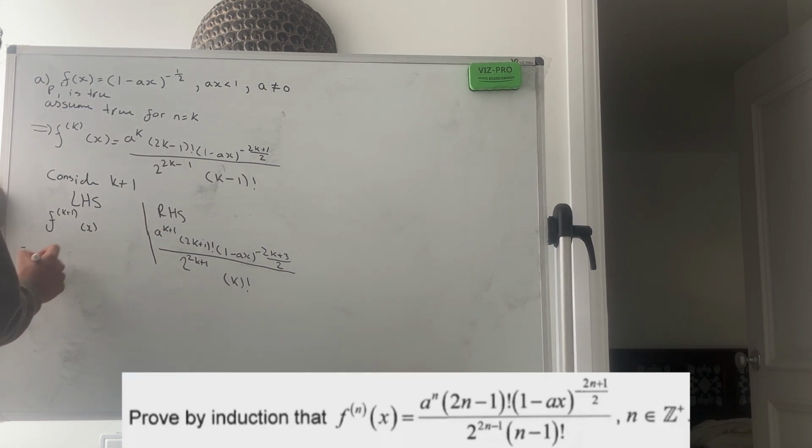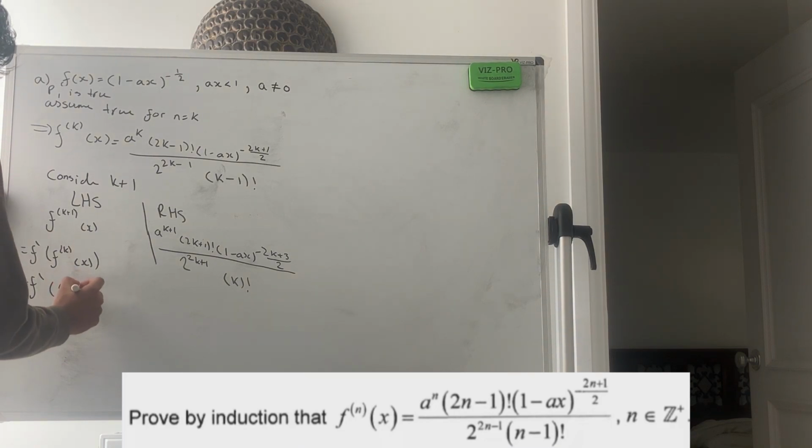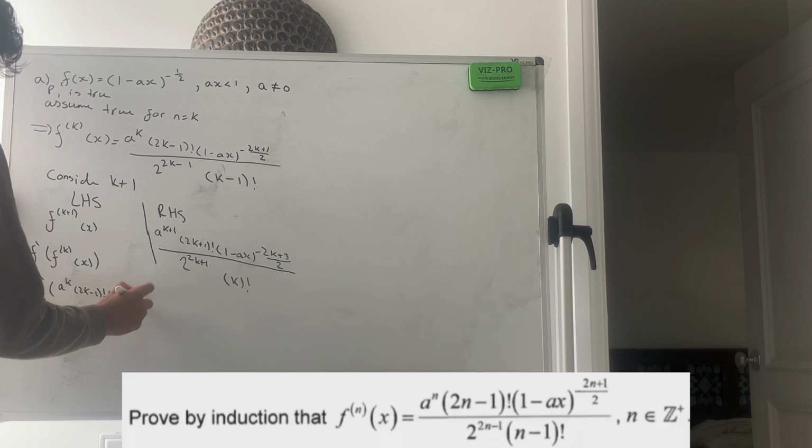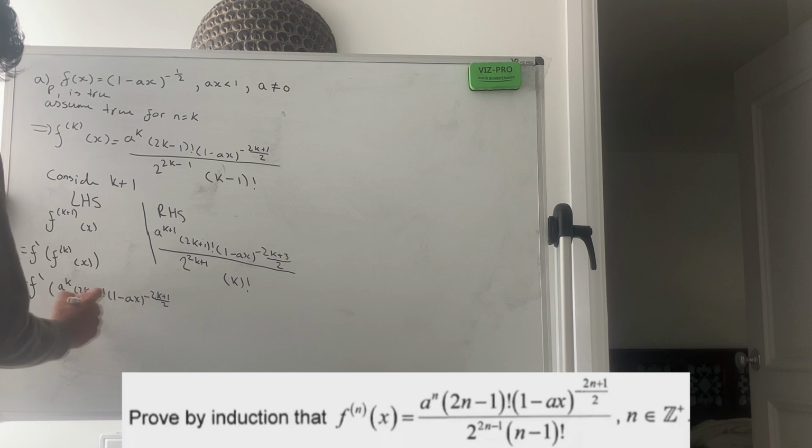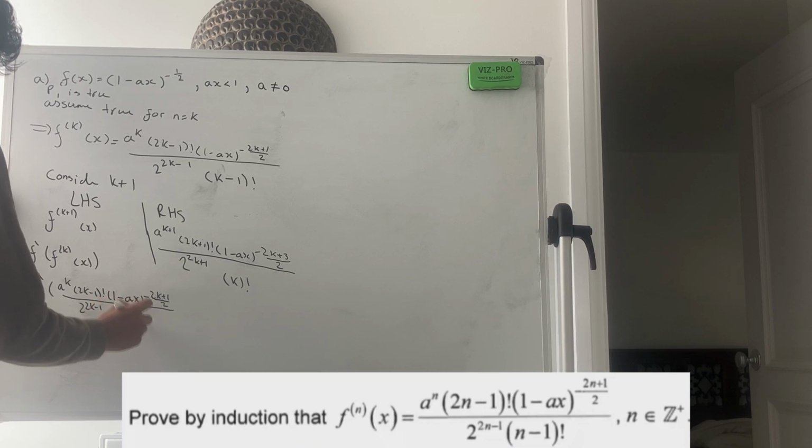So that's the same thing as saying f prime of f of k of x, which is equal to f prime of the k derivative we said is this, so I can substitute that in, a to the k times 2k minus 1 factorial, 1 minus ax to the minus 2k plus 1 over 2 all over 2 to the 2k minus 1 times k minus 1 factorial.